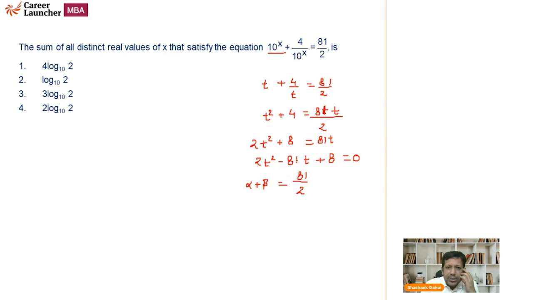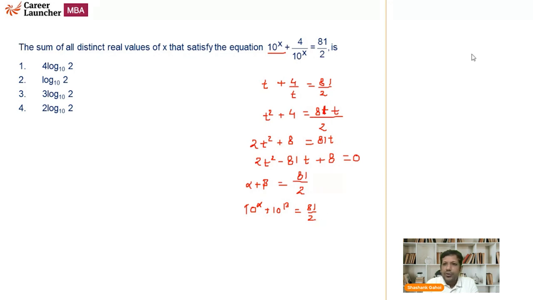So the sum of all 10 power alpha plus 10 power beta is equal to 81 by 2. Okay, so this is what we have so far.